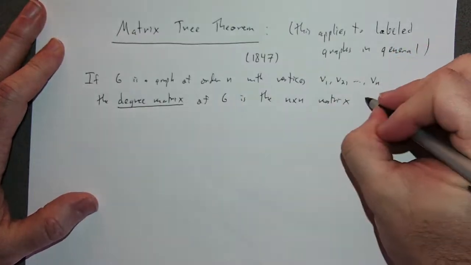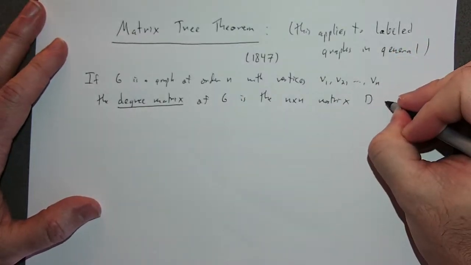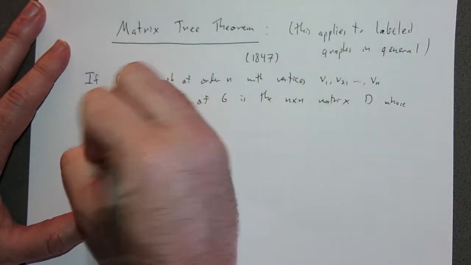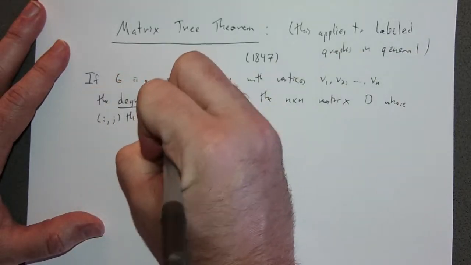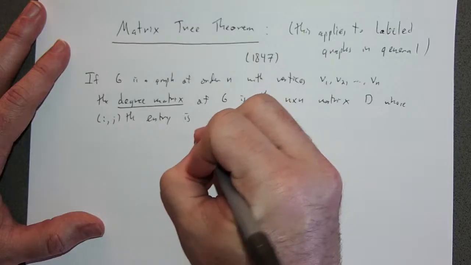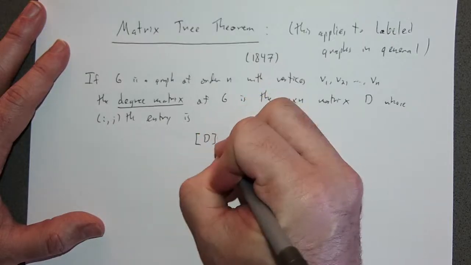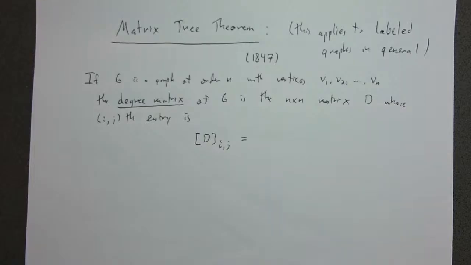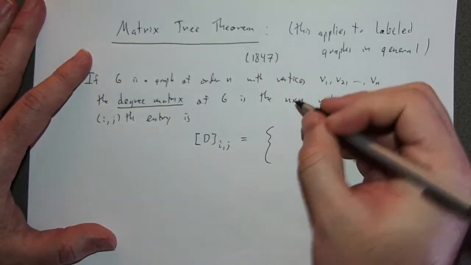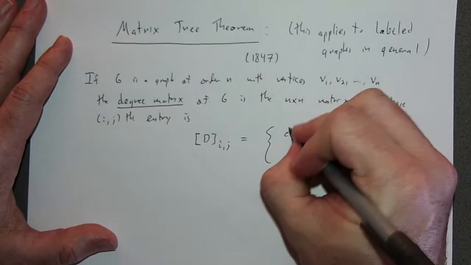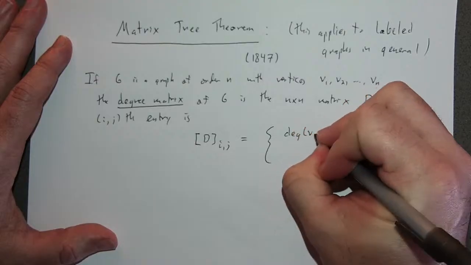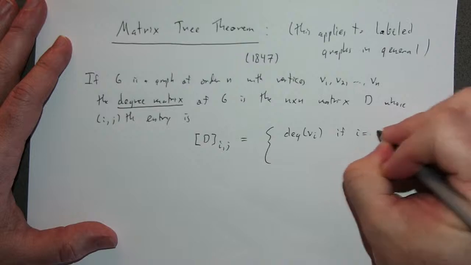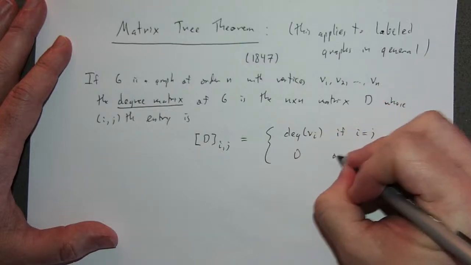D whose ijth entry is the following. Remember, this is our notation for the ijth entry of a matrix. This is the degree of vertex v sub i if i is equal to j, and 0 otherwise.